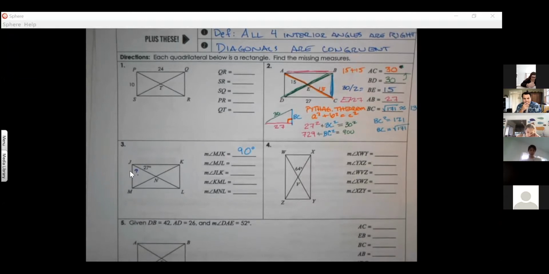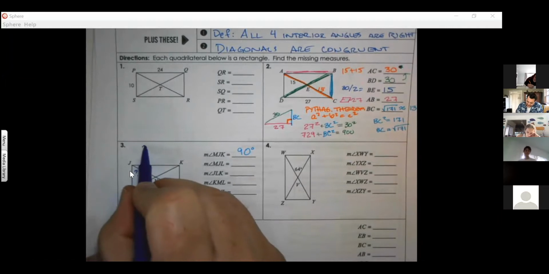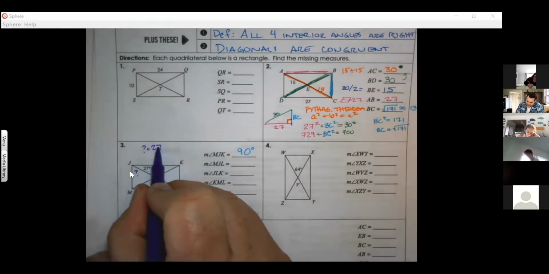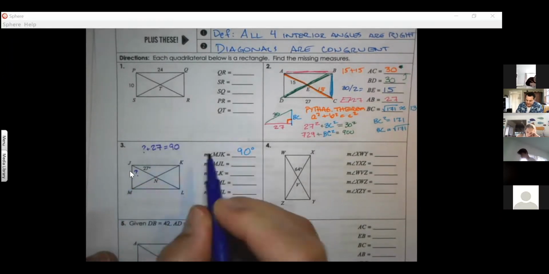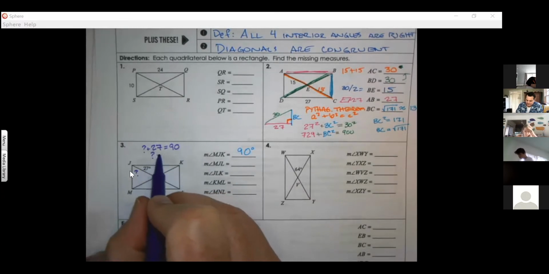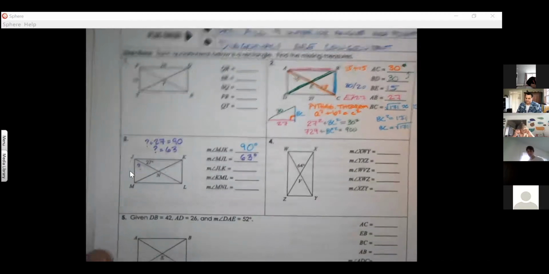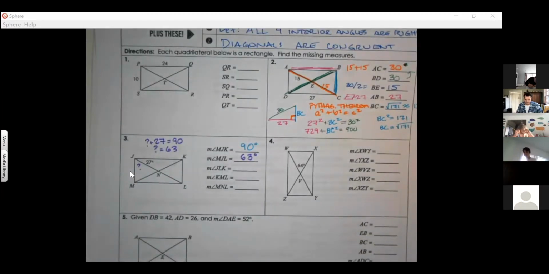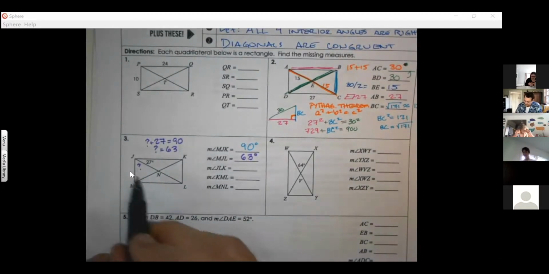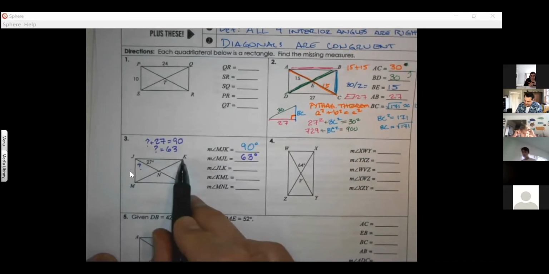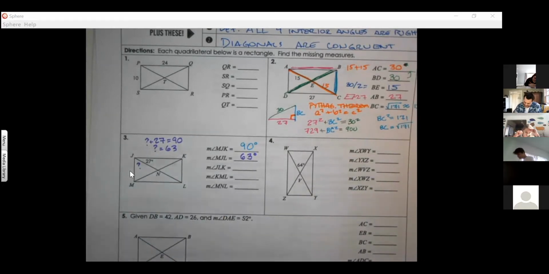Would it be 63 degrees? Good, because we know that that plus 27 together make up the whole 90-degree angle, don't they? So that would be 63. What about JLK? Add that in there.